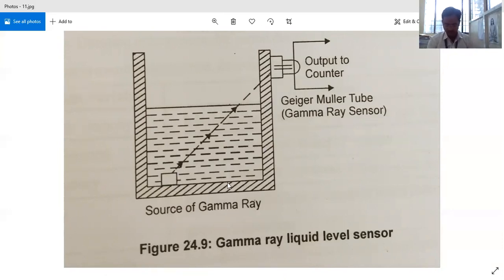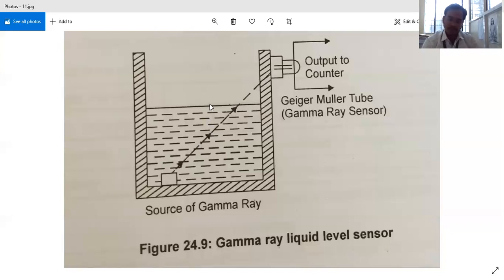Next, coming to its operation, when the level of the liquid in the tank is to be measured, the gamma ray source is made to give out gamma rays, and these rays pass through the liquid in the tank and reach the sensor. The intensity of gamma rays sensed by the gamma ray sensor is proportional to the liquid level in the tank, as we discussed.